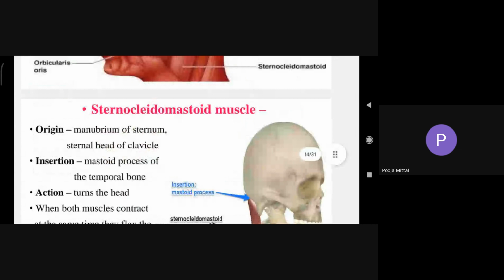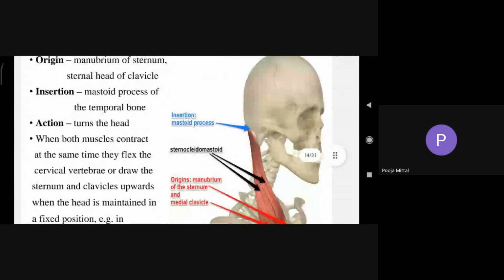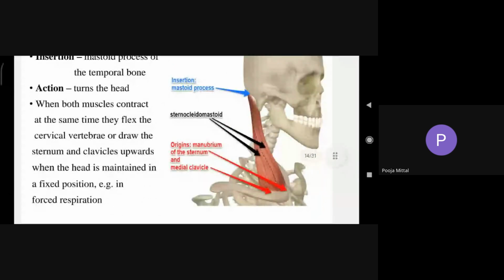Okay, now the very important muscle we are going to learn is the sternocleidomastoid muscle. This muscle originates at the manubrium of the sternum. Here you can see the manubrium is the uppermost part of the sternum. You remember the sternum? What is the sternum? The breastbone.